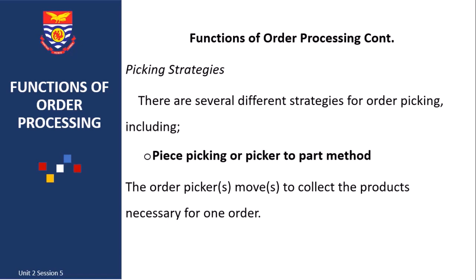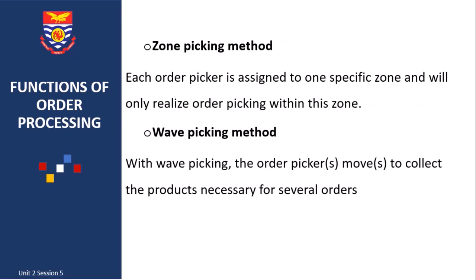So let's say for the 5 customer orders that we have received, one customer requires some units of stationery, some units of consumables, and some units of electronic appliances. The piece order picking method is where at each picking round, you select the complete order of one customer, and until you are done, you don't move to the next customer. That is what a typical piece picking method is.